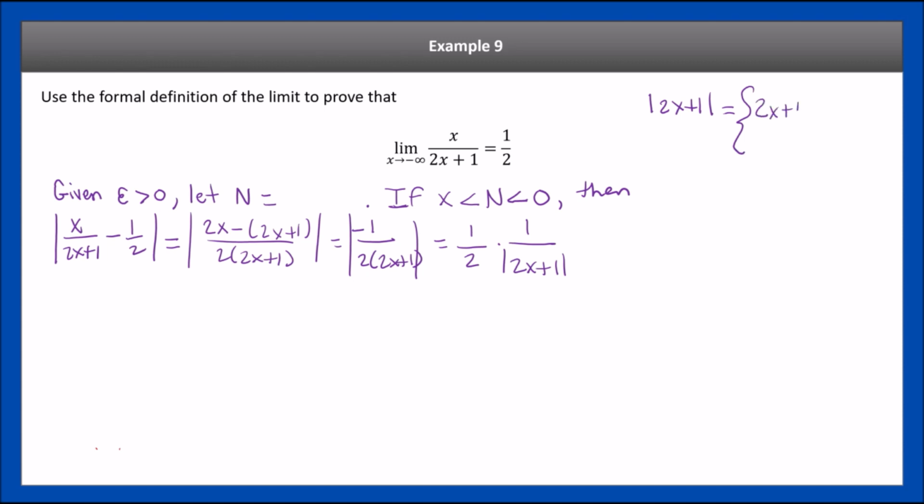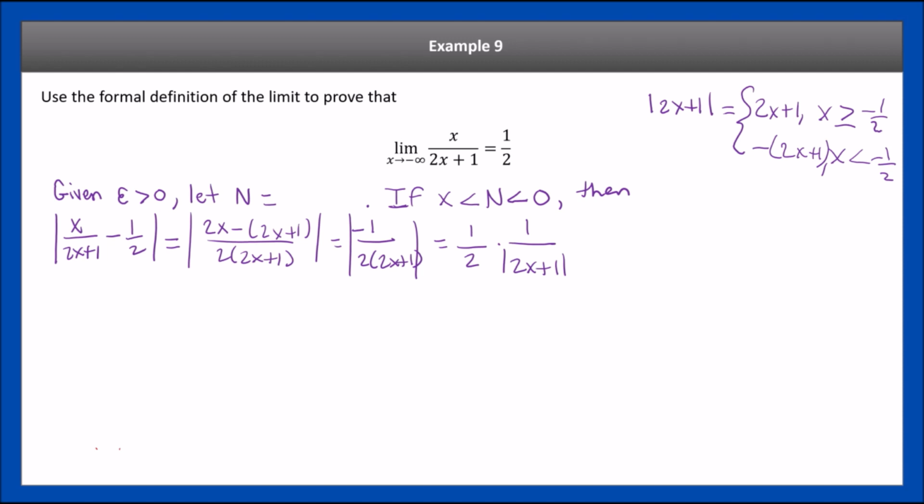It's equal to itself if x is greater than or equal to whatever makes this 0, which is negative 1/2, then it's equal to a positive quantity. But if x is less than negative 1/2, this quantity is going to turn negative, right? So then we put a negative there.